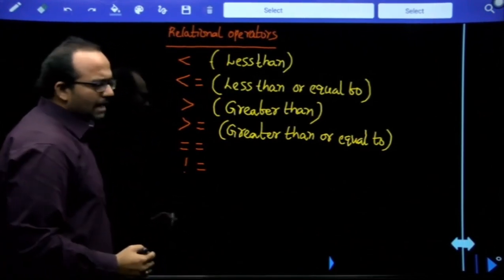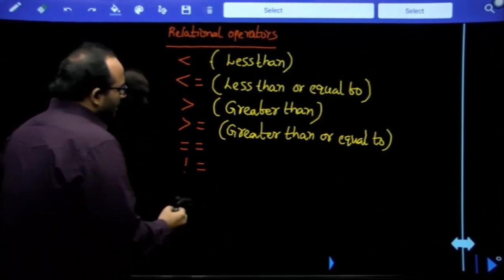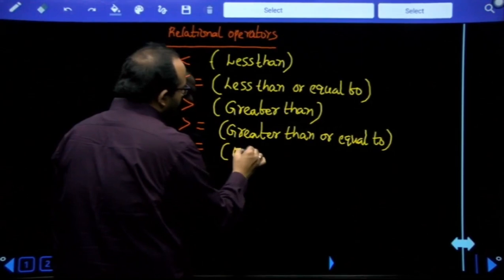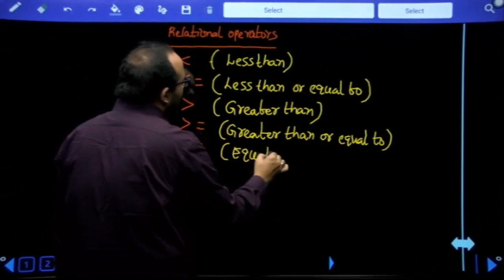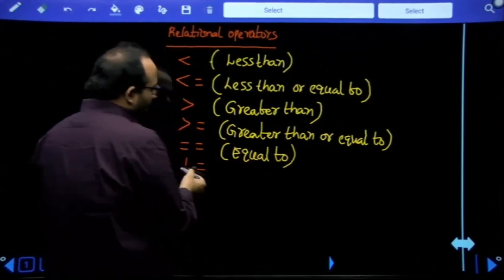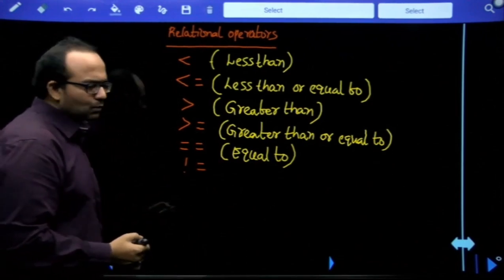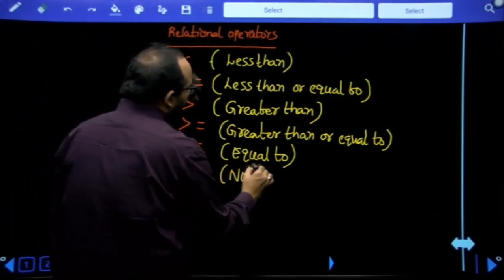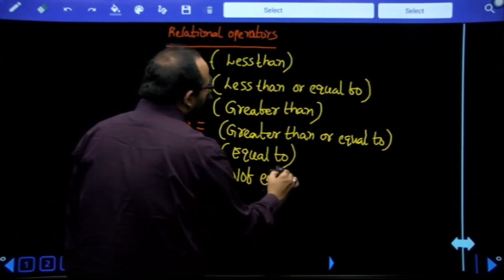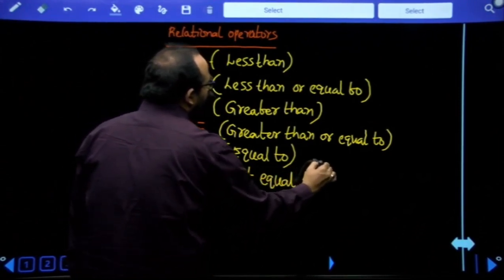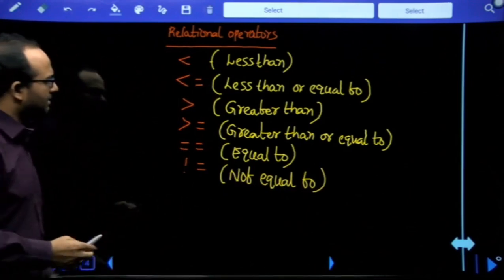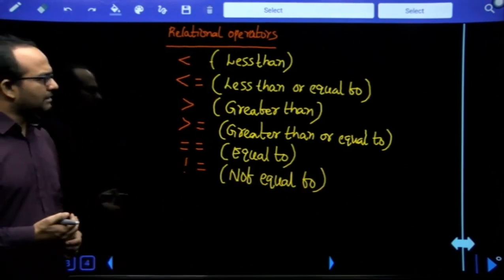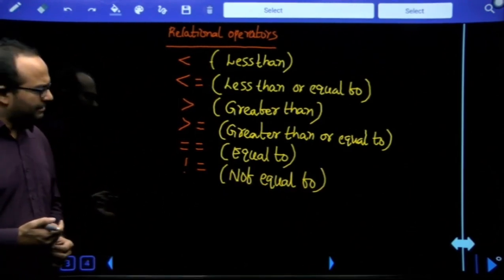The next one is equal to, so you can see this is the symbol of equal to. And the next one is not equal to. These are the different relational operators.